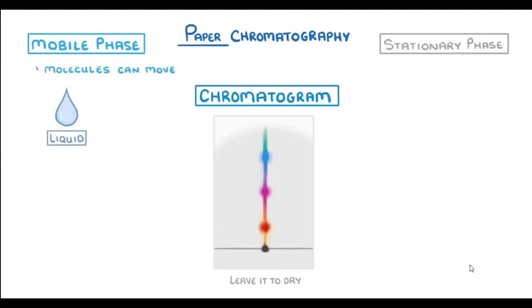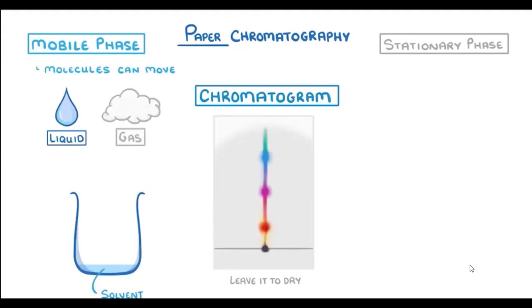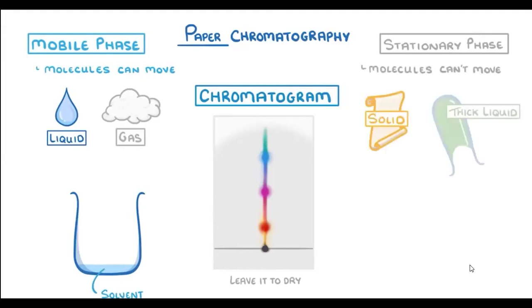It's always a liquid or a gas, and in our paper chromatography, it would be the solvent that we used. Meanwhile, the stationary phase is a substance or material that the molecules can't move in. So usually a solid, or sometimes a really thick liquid. But for us here, it would be our paper.